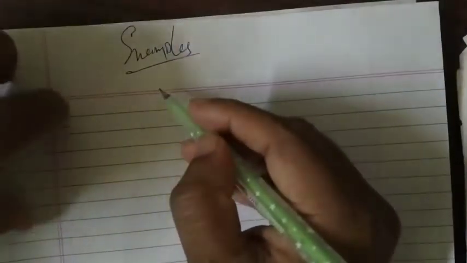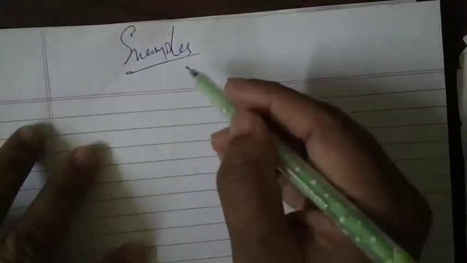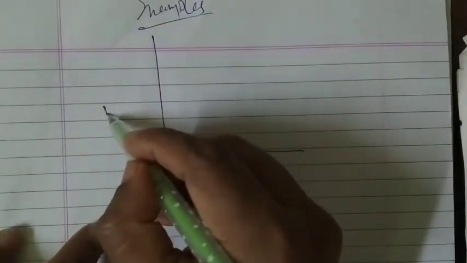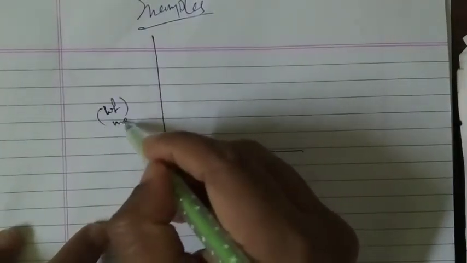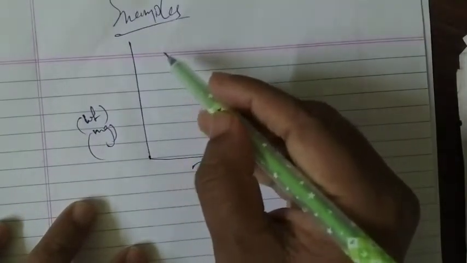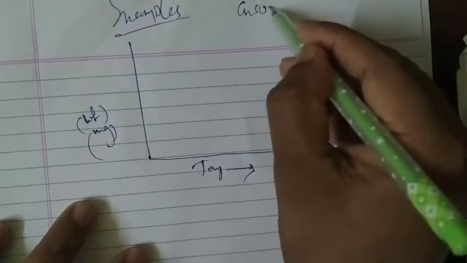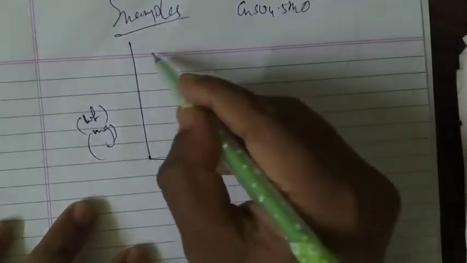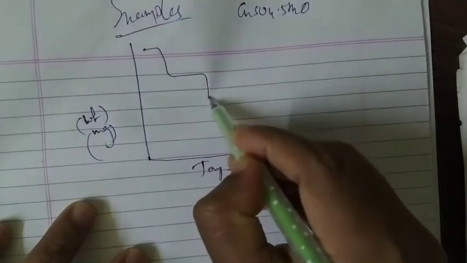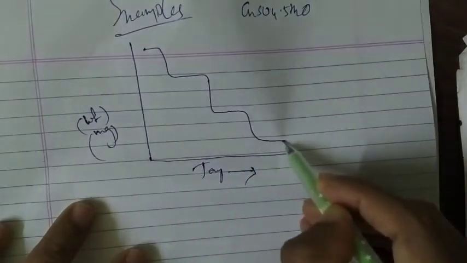For the first example, we take a graph like this, where this axis is temperature and this is weight or mass in milligrams. The curve we get for the example copper sulfate pentahydrate is somewhat like this.